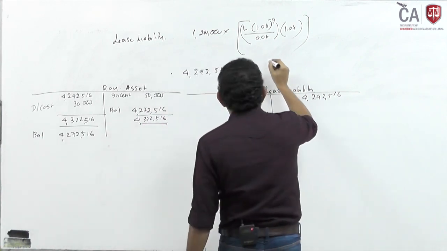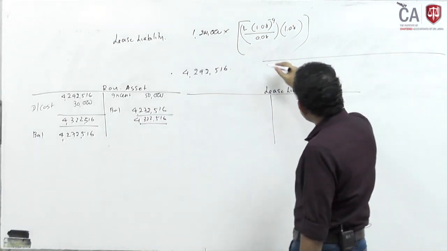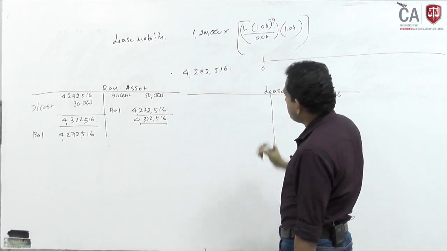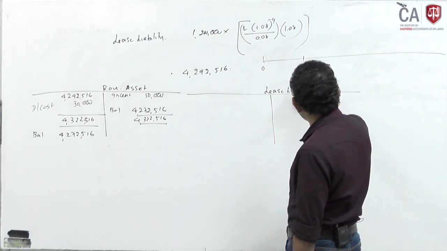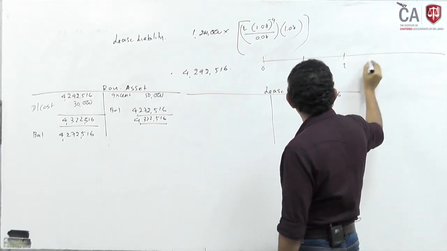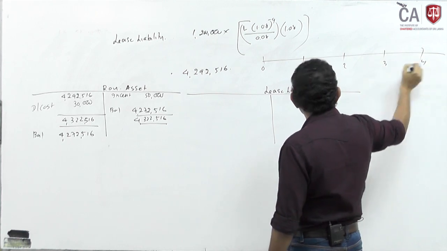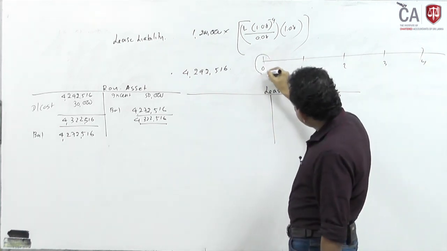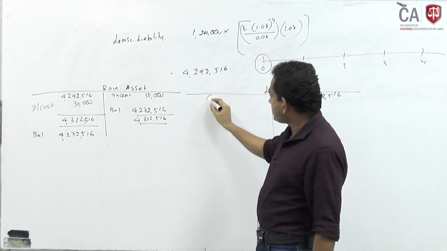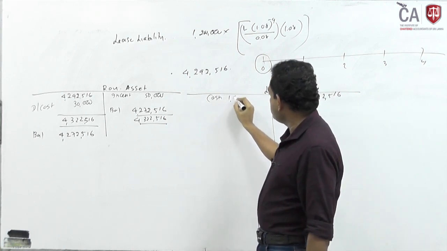Now, since the rentals are paid in advance, this is the year 0, first year end, second year end, third year end, the fourth year end. Right at the beginning of the lease agreement, the first installment would have been paid.